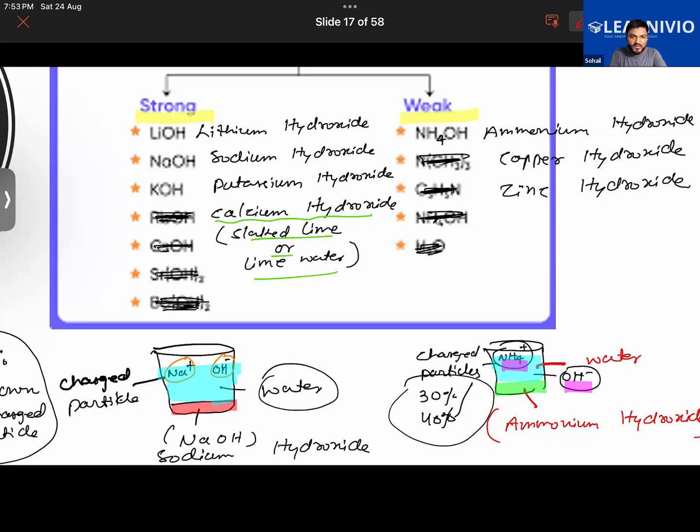If I were to place this strong base on my skin for a longer duration, it will start to break down the protein found in the skin and the flesh. Getting it now? So it is corrosive in nature.